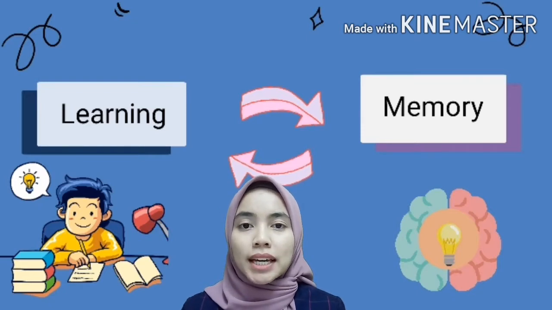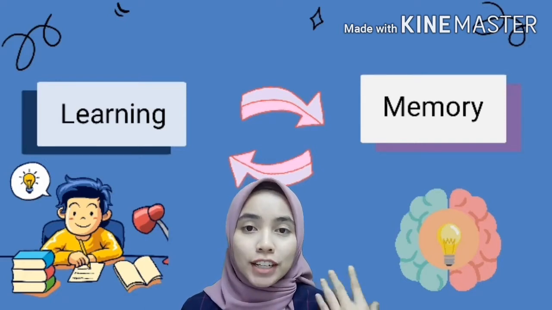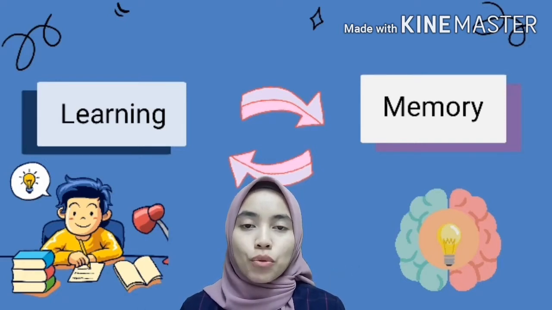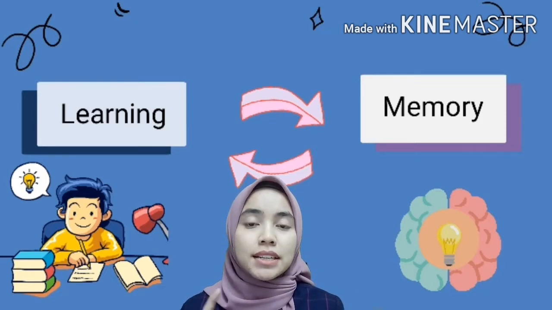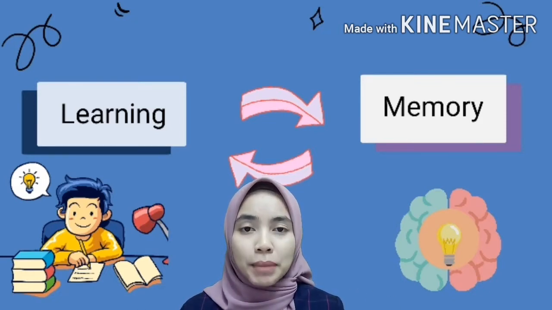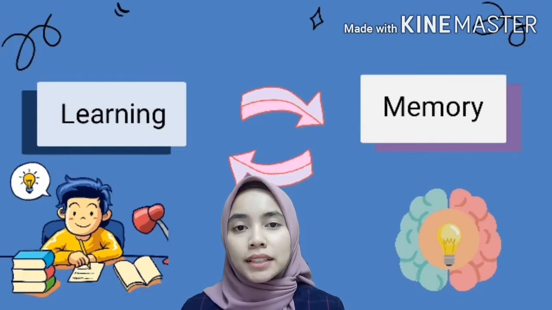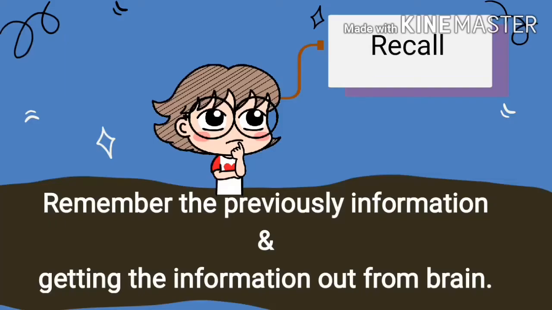From learning, we can get the information and then we put that information in our memory for later use, while memory is the expression of what we have acquired. Without memory, it is difficult for us to remember and apply that information.